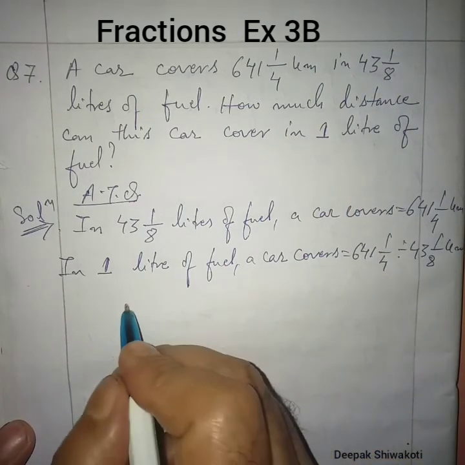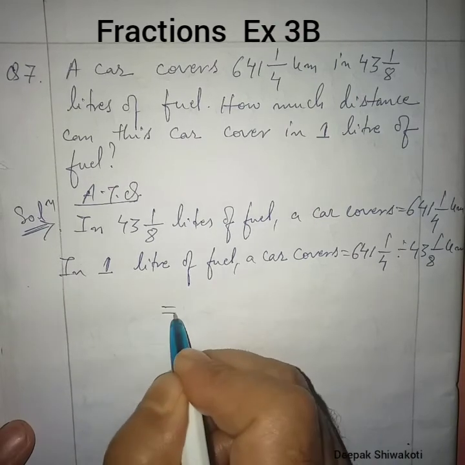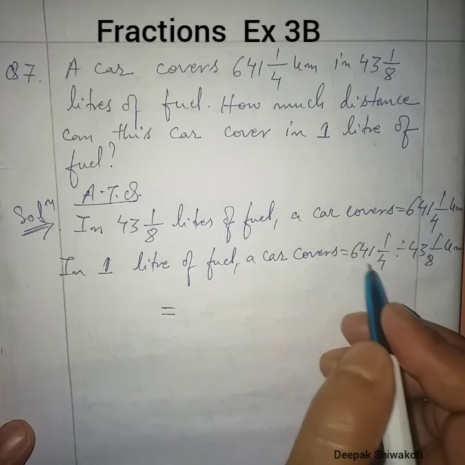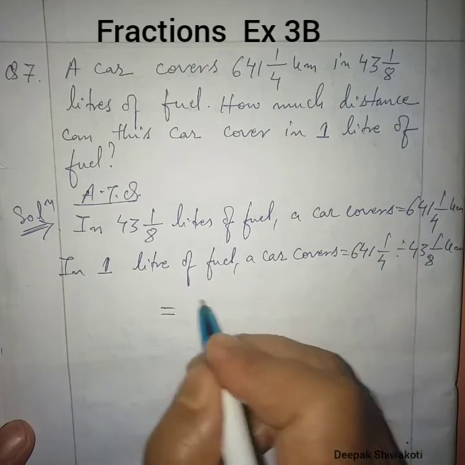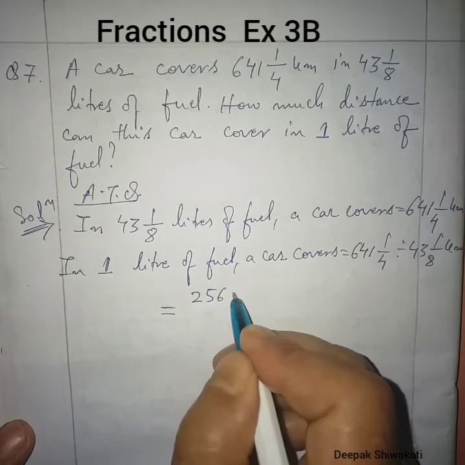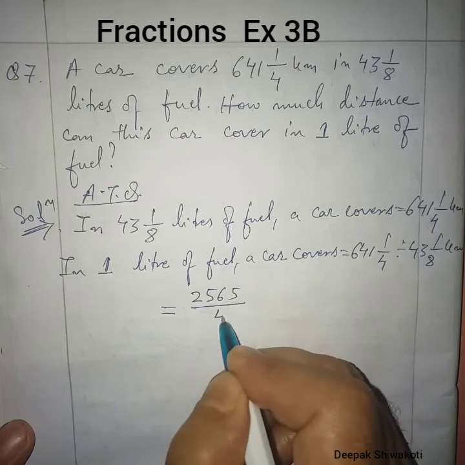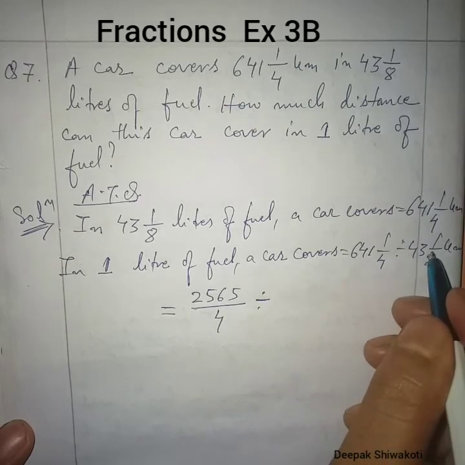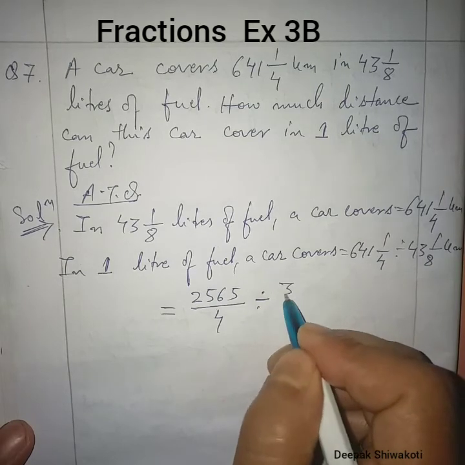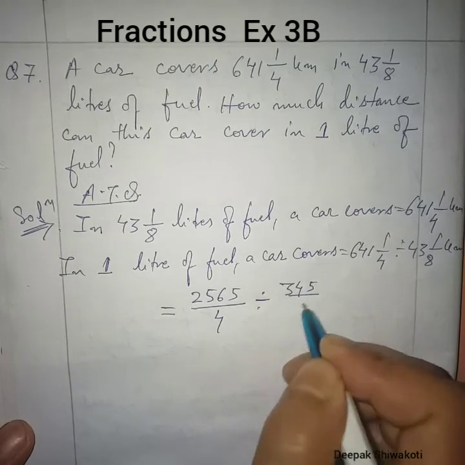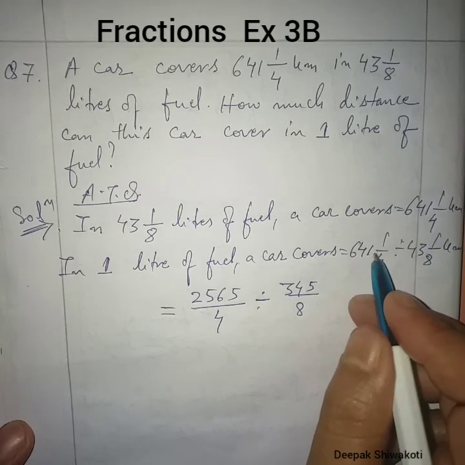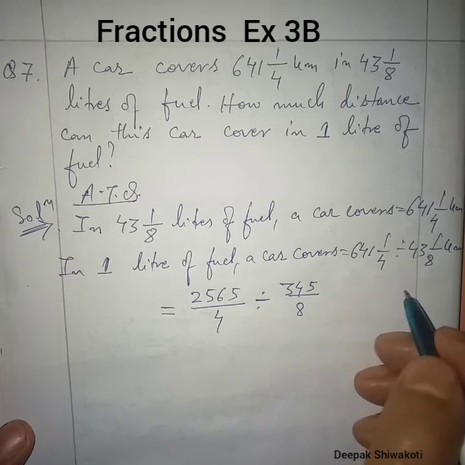So simplification: this mixed fraction to improper fraction, this 2 multiply plus 1, we will get 2565 by 4 divided by this mixed fraction into improper fraction, we will get 345 by 8. Do the calculation of changing mixed to improper in rough work.